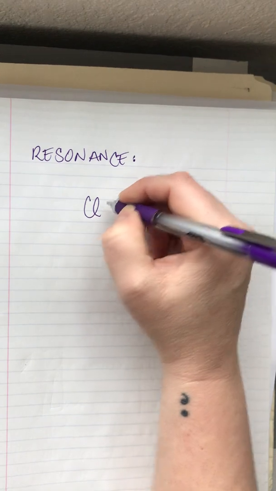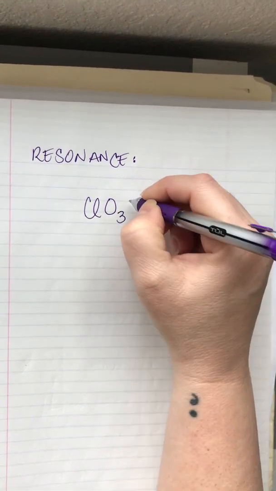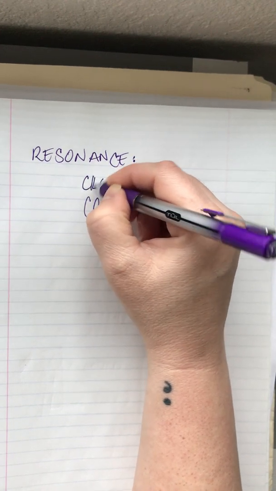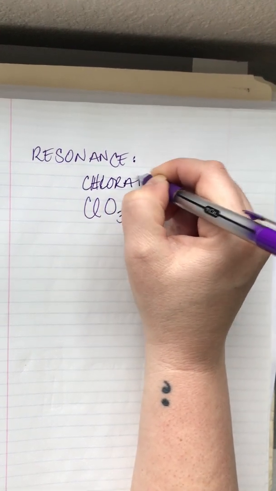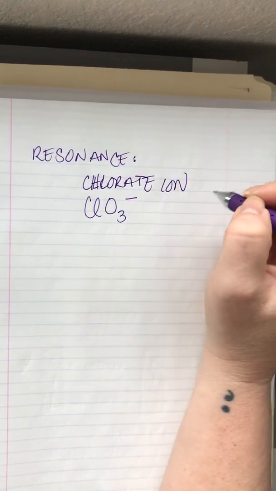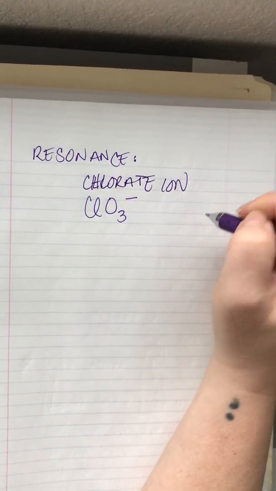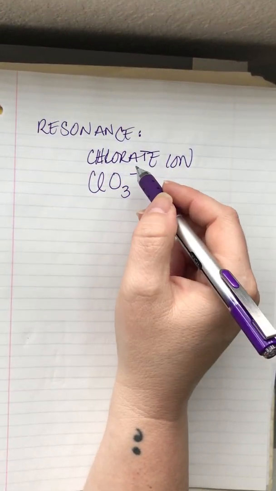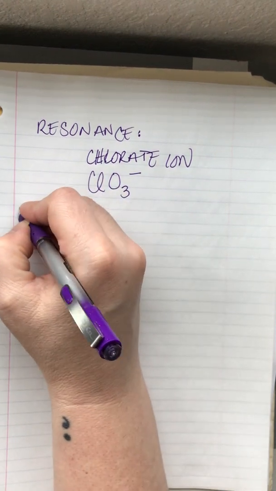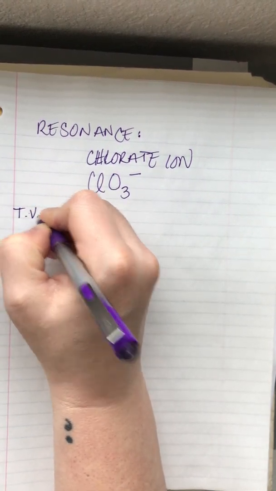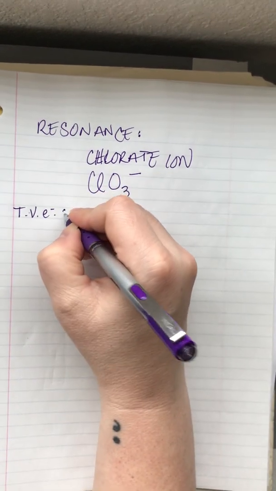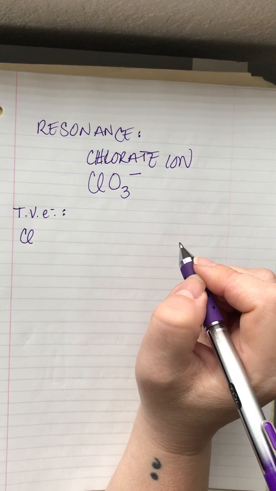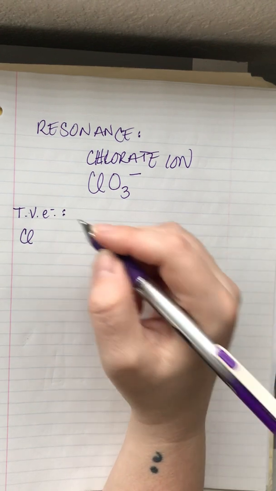So ClO3-. This guy's name is chlorate. It's a chlorate ion. It's one of our polyatomics. And we can draw the Lewis structure by starting off with our total valence electrons. So chlorine comes to the table with how many electrons? 7, yep.